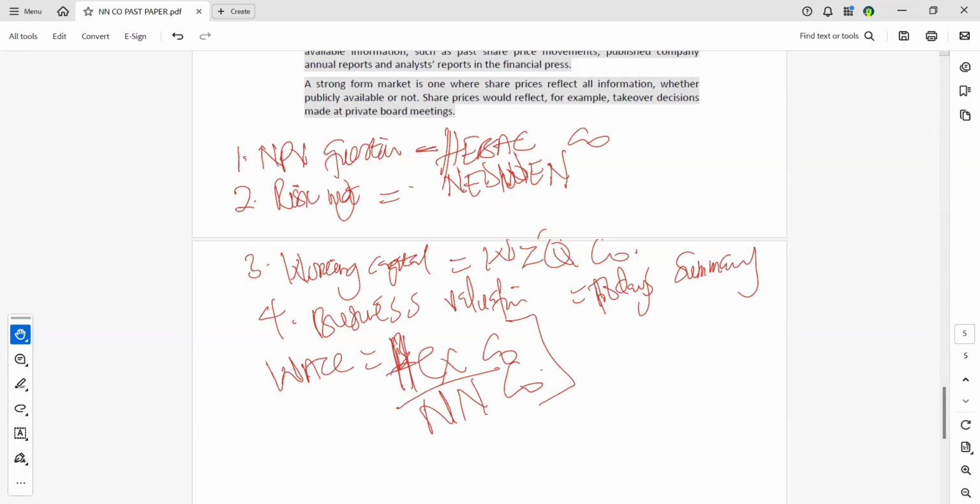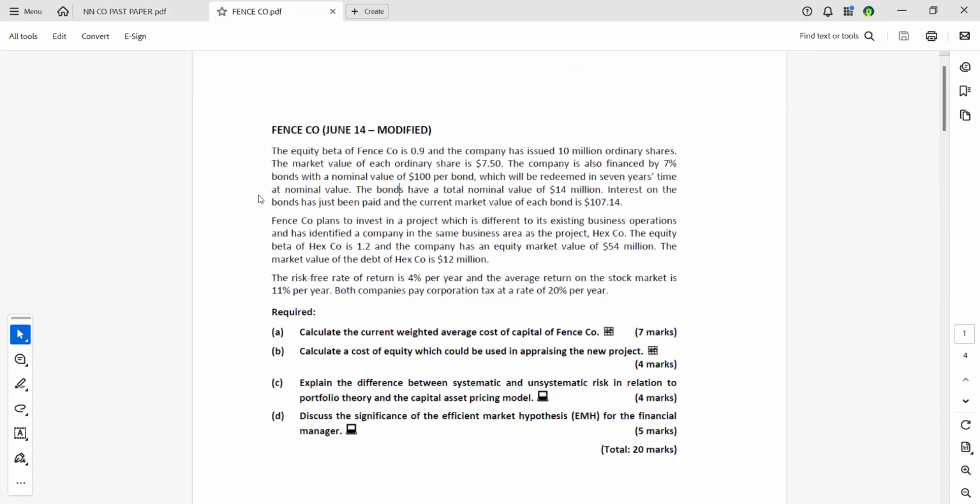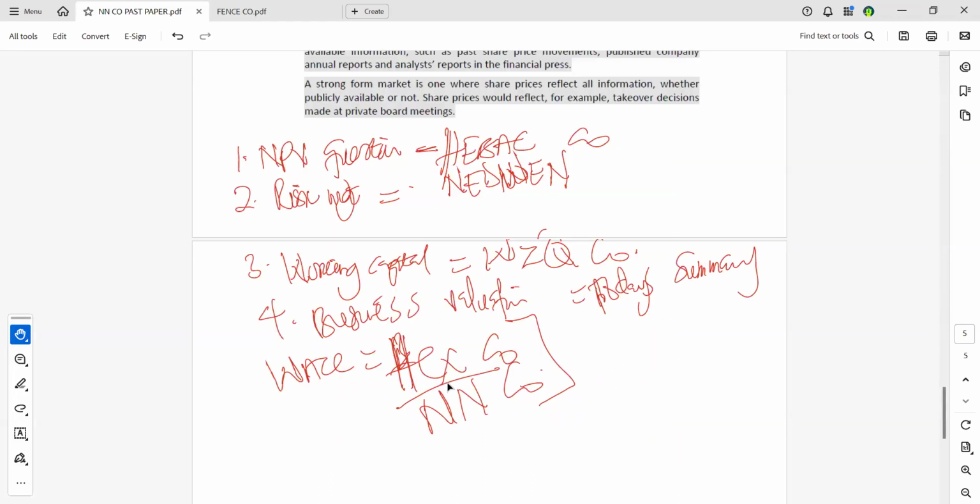So, fence school. Was it fence school? Yeah, that was fence school. That's the question that I was talking about. So if you combine fence school with NN co, you should be fine with weighted average cost of capital.